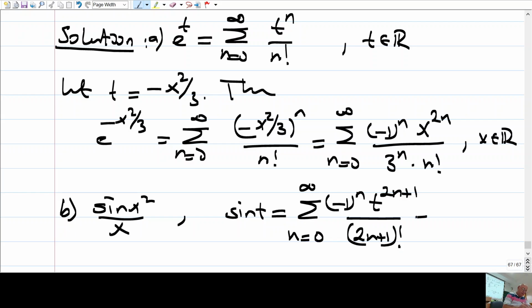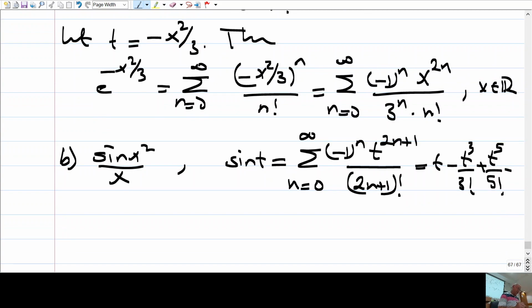So it is like t and then t cubed over 3 factorial, t to the power 5 over 5 factorial, goes like this, plus minus plus minus. You have odd powers of t divided by the factorial. Now what is x squared? And this is true again for any t. t can be anything.